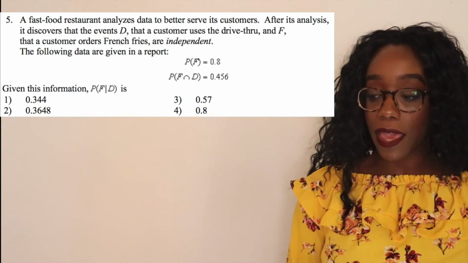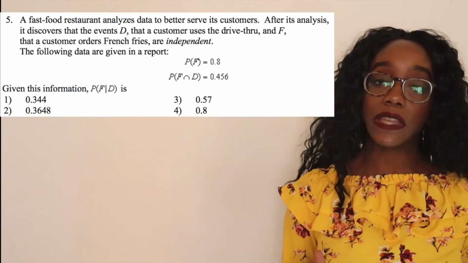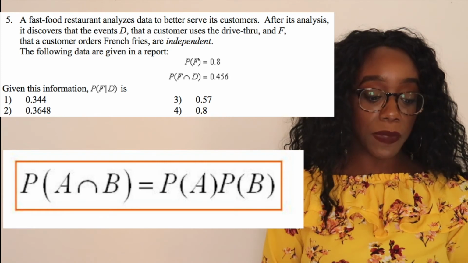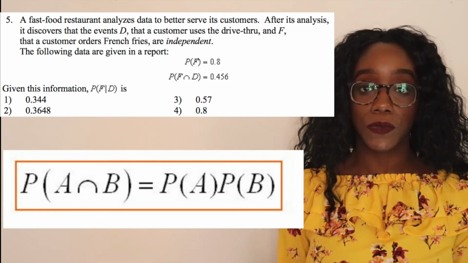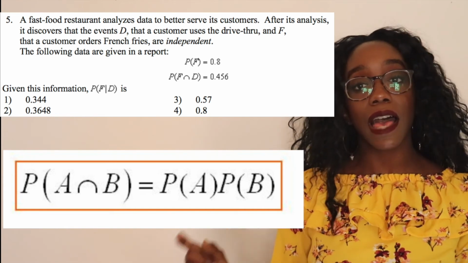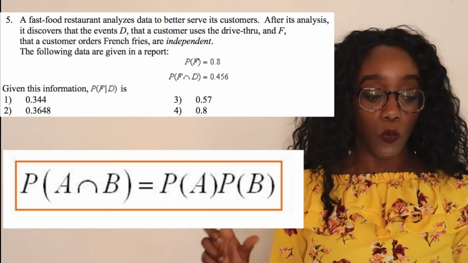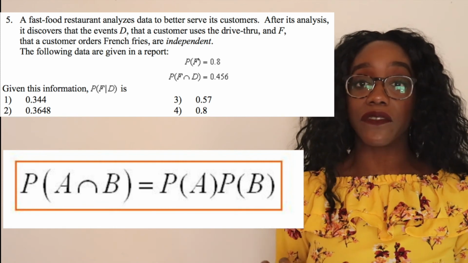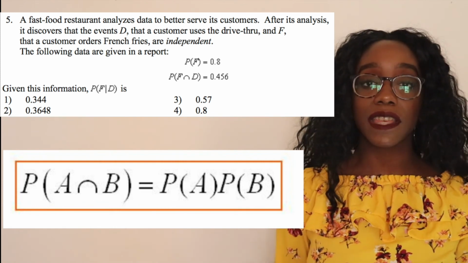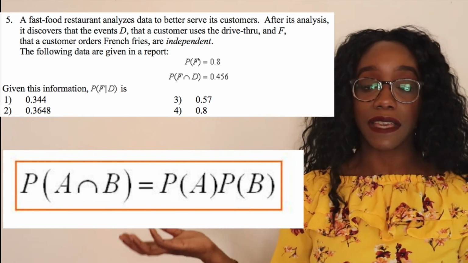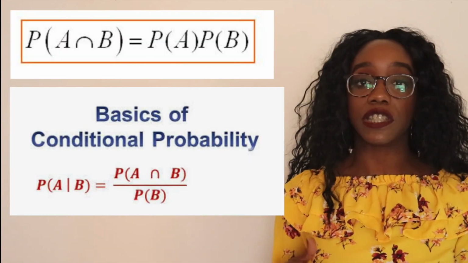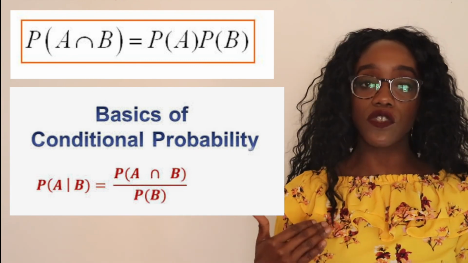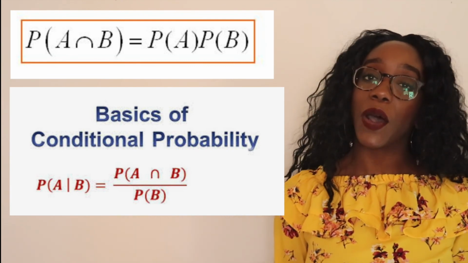We have to figure out that by using the other formula of independent events, that the probability of F and D is equal to the probability of F times the probability of D. When you substitute those numbers that you're given into that formula, you can then solve for the probability of D. And once you have the probability of D, you go back to your conditional formula where you divide the intersection by the probability of D.